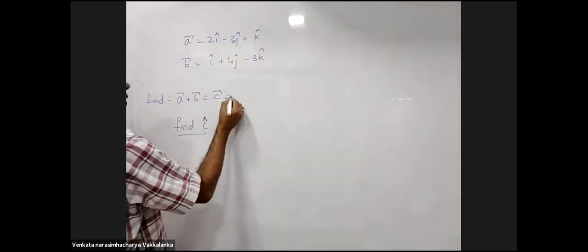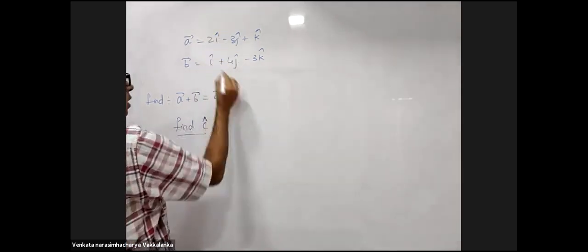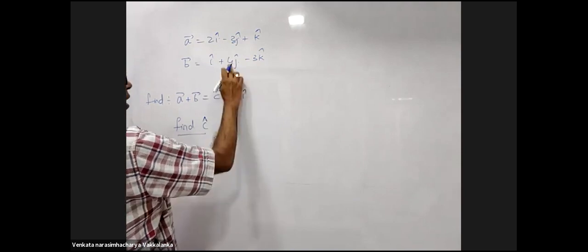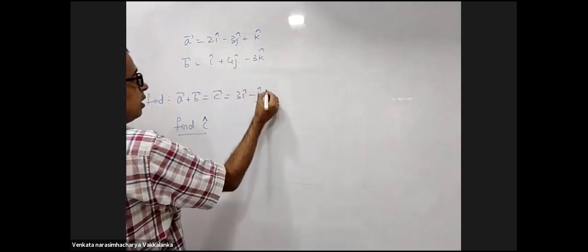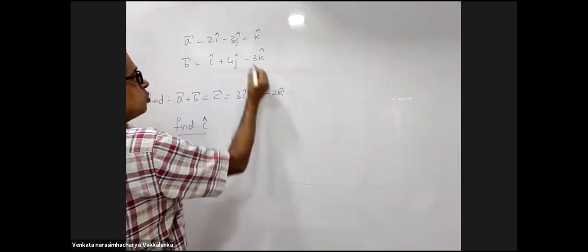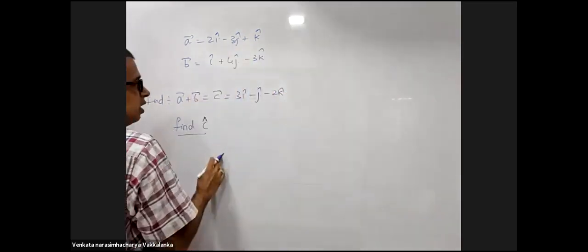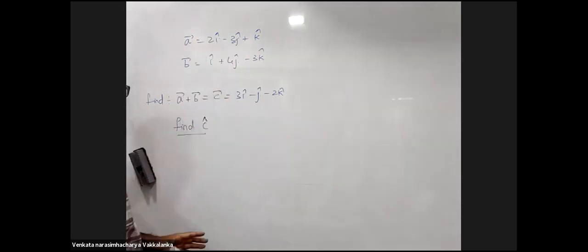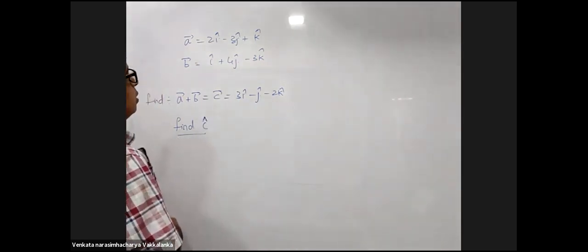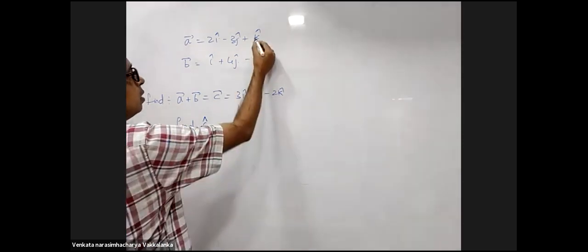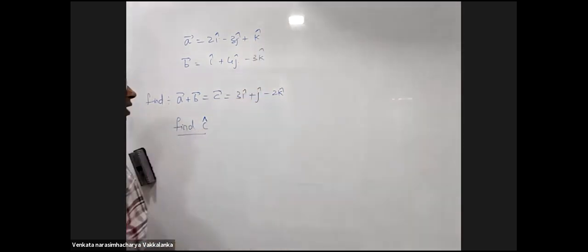Problem is quite simple and straightforward. Have a look at it. A plus B will be 3i cap minus j cap minus 2k cap: 1 plus 2 is 3, 4 minus 3 is 1. Sir, it would be plus j cap. Yes, plus j cap. Sorry, my bad.